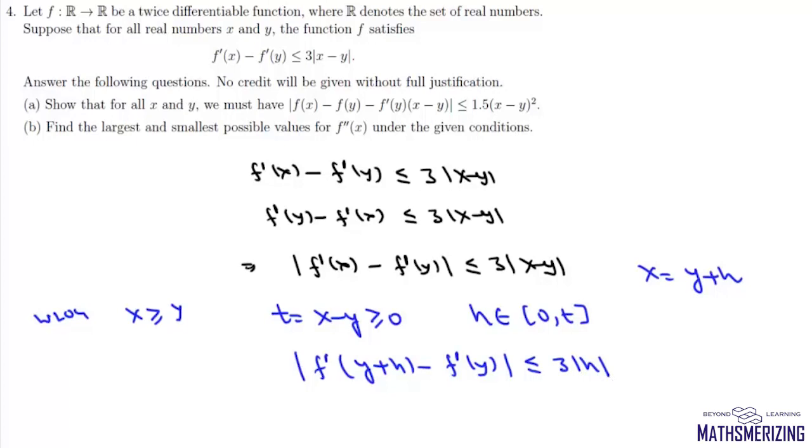Now, we'll integrate both sides from 0 to t. We know that the integral from 0 to t of mod f x dx is greater than or equal to mod of the integral of f x dx.